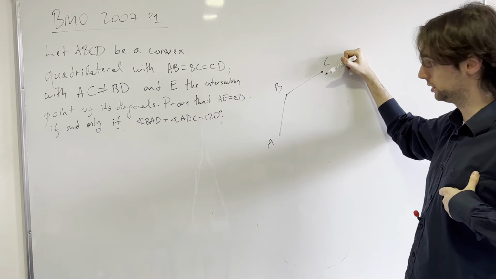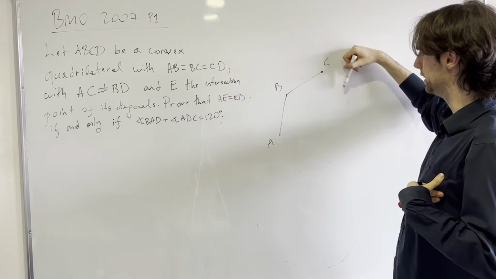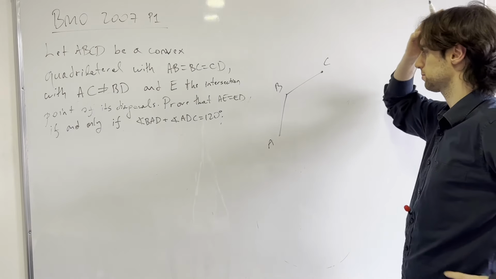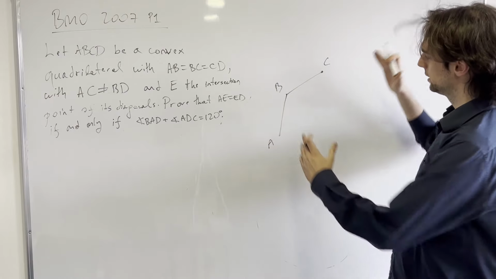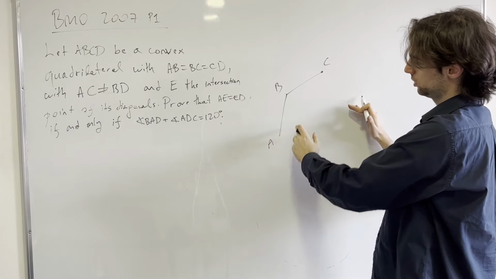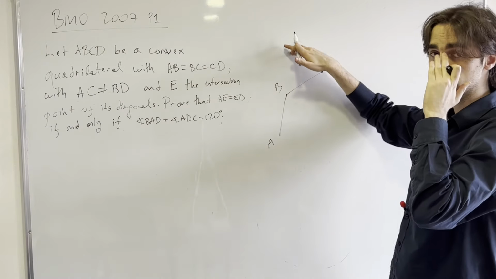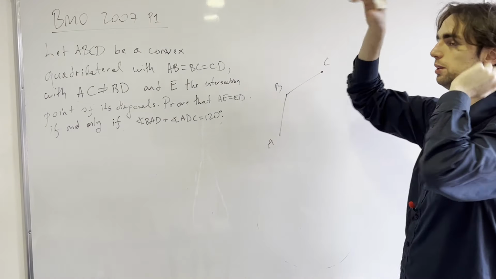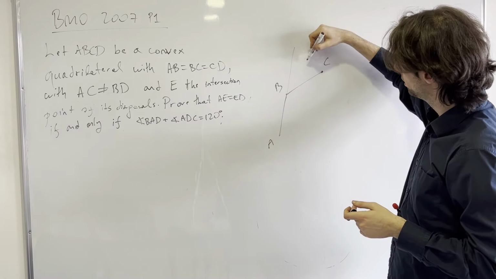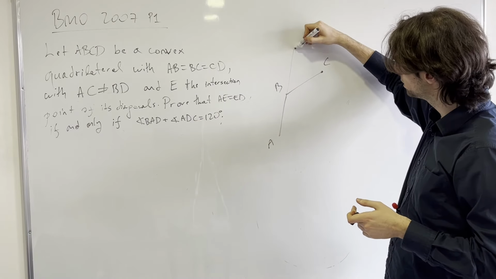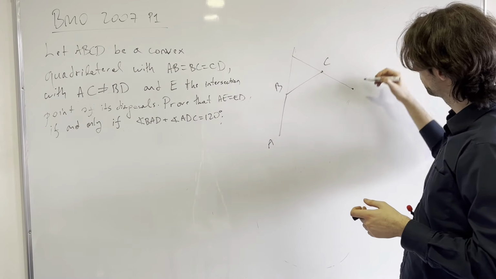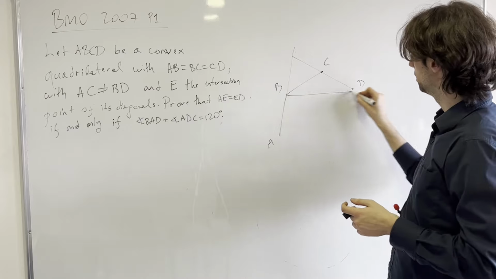For me, the answer is, D is on the circle with center C and radius CB, like this. But I need the sum of these two angles to be 120. So when I extend them here, the angle that DC and AB form is going to be 60. So I'll extend AB here and then find my angle of 60, which seems to be something like this. And now I have the point D.